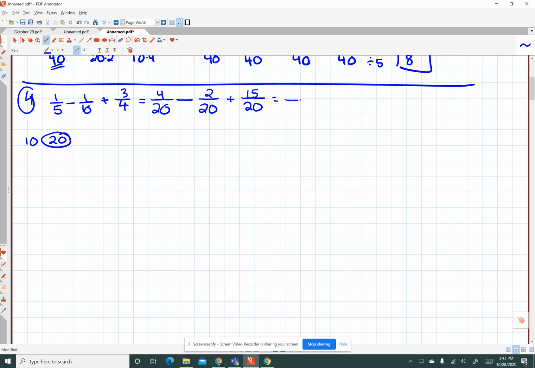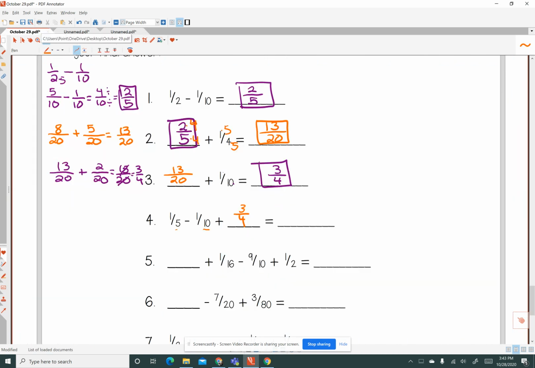Okay, our denominator will be 20ths. 4 minus 2 is 2, and 2 plus 15 is 17/20, and that cannot be reduced any further. And we'll put that here.